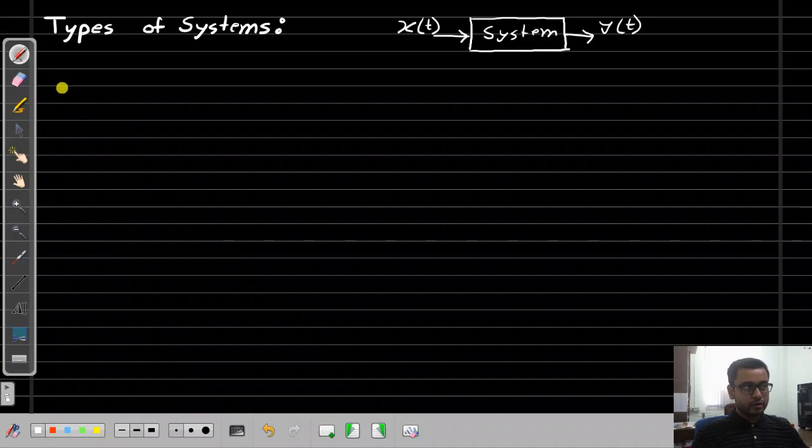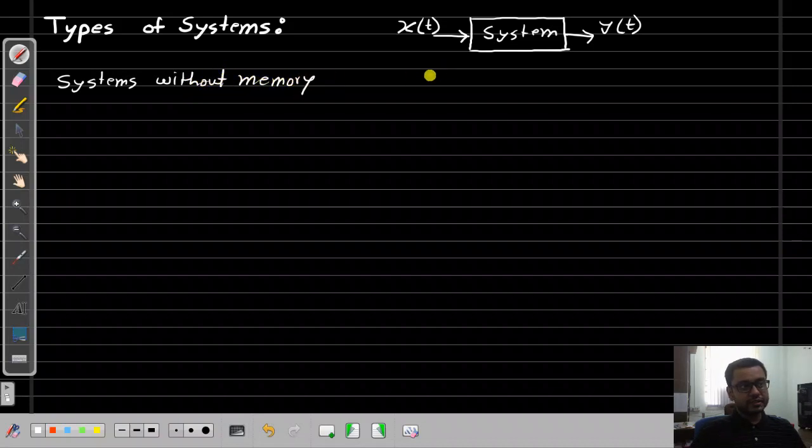Now these systems can be classified as systems without memory and systems with memory.